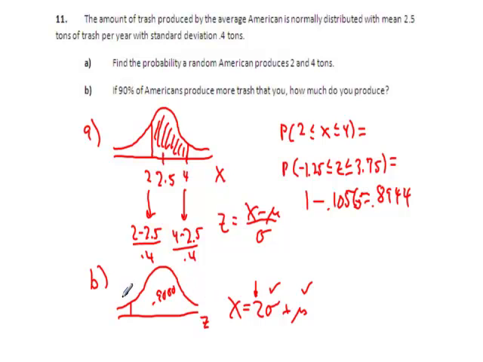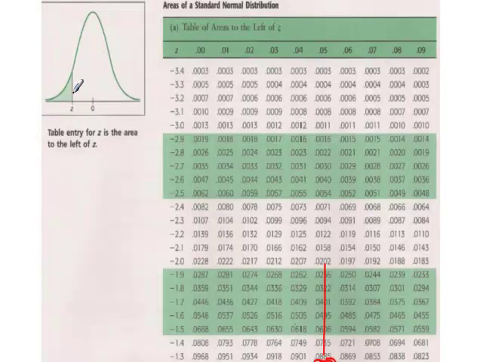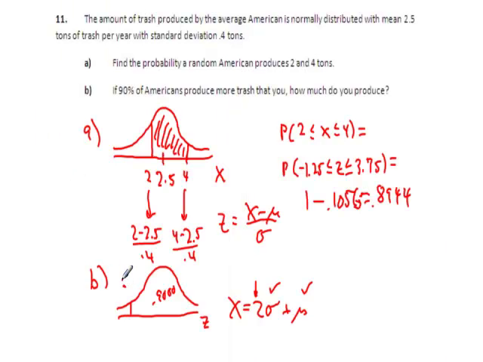Now there is one tricky thing about this, and it's not real tricky, just to be careful of. Since we always have left tails on our z-table, what we're going to have to do is find the area in our left tail. If we look at 0.9000, it won't work. So we look at its complement, which is 0.1000, and that will give us just what we want.